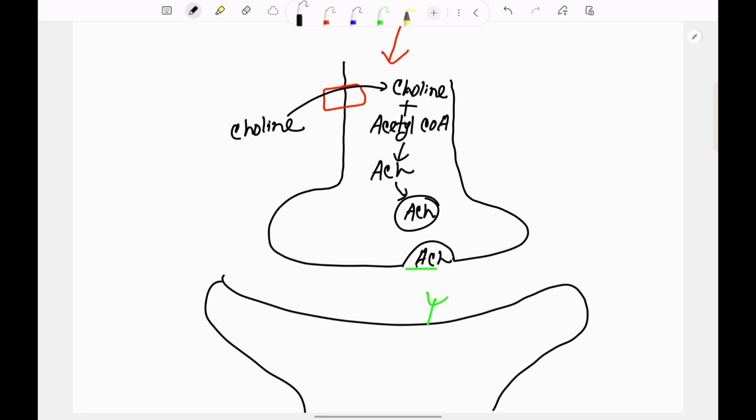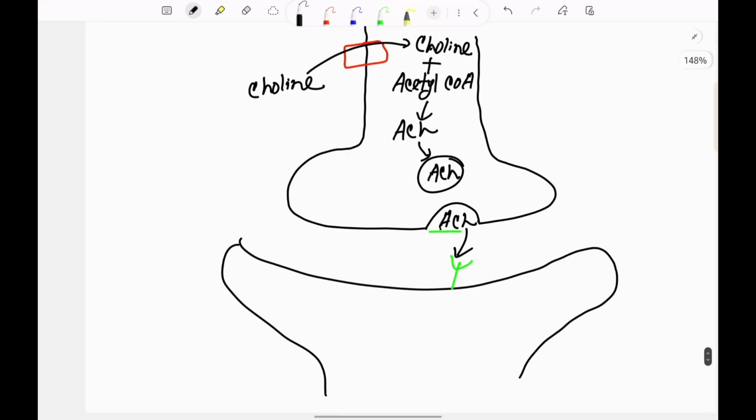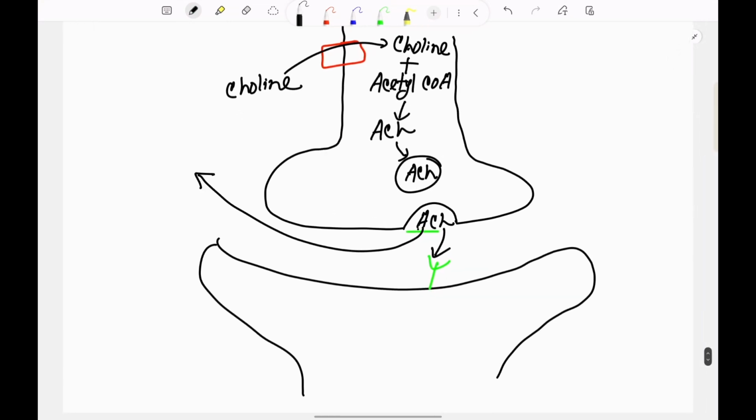Either it will bind to the postganglionic receptor or it will be metabolized by the acetylcholine esterase enzyme and turn again into acetyl-CoA and choline. This choline is again taken up by the choline uptaker and this cycle runs again and again.